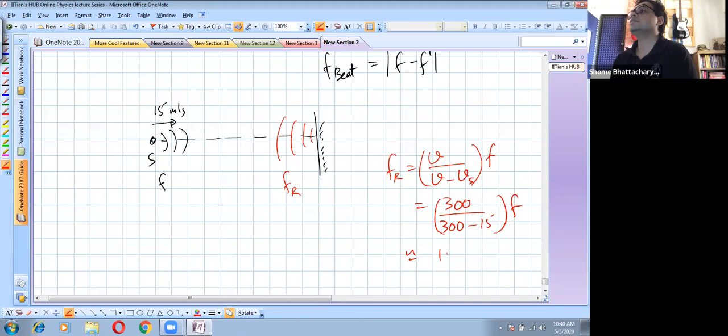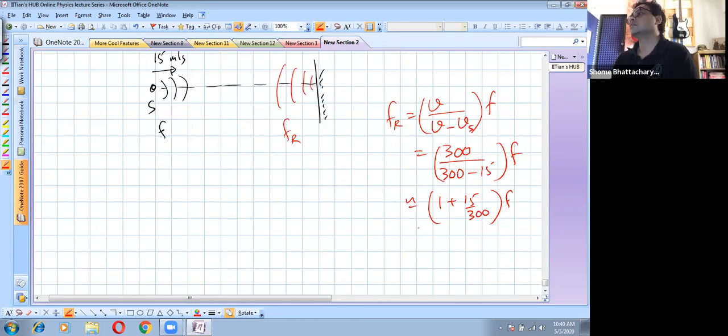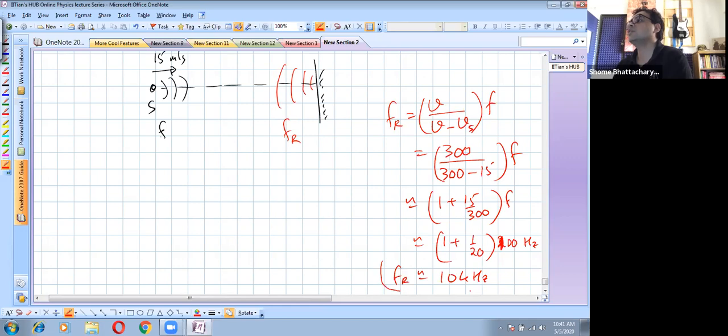So this will become 1 plus 15 by 300 times F. So it will become 1 plus 1 by 20 times 100 hertz, which is approximately 105 hertz. This is the frequency of the sound reflected by the wall.